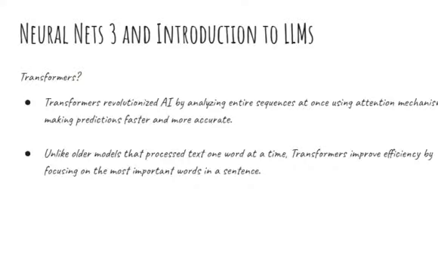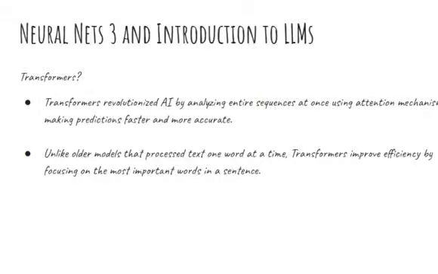Transformers replaced an older model that read text one word at a time, which is very slow. So how can we make AI faster? The transformers analyze the entire sequence at once using an attention mechanism, and this allows AI to understand the context better and makes faster and more accurate predictions.